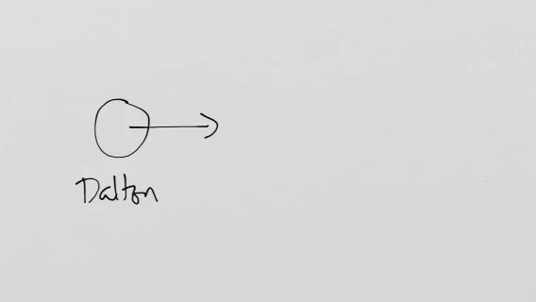Because we start off with this solid, impenetrable ball with Dalton. And then, through experimentation, we stick with this solid, impenetrable ball, but we add negatively charged electrons into said ball. And this is Thomson.